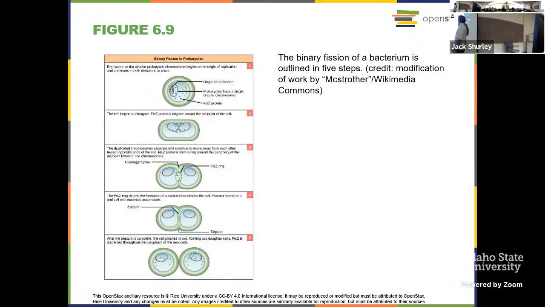So our cell up here at the top, we have ample nutrients. We're pulling in all of this stuff, metabolizing, being a normal cell, and we've got enough nutrients that now we can replicate. So there's some details in here. We don't need to get super bogged down with it, but the chromosomes of bacteria are circular.